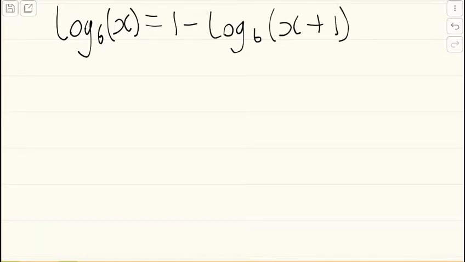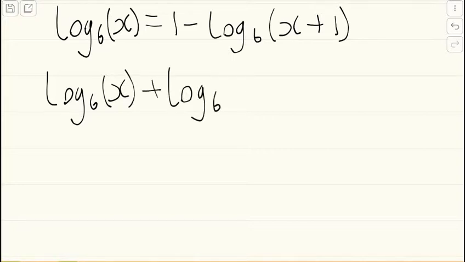So again, the first thing that we're going to do is on one side of the equals, we're going to get everything with a log there, and on the other side, we'll have everything without a log. So with this one, I'm just going to add log to the base 6 of x plus 1 to both sides. So I should get log to the base 6 of x plus log to the base 6 of x plus 1, and that equals 1.